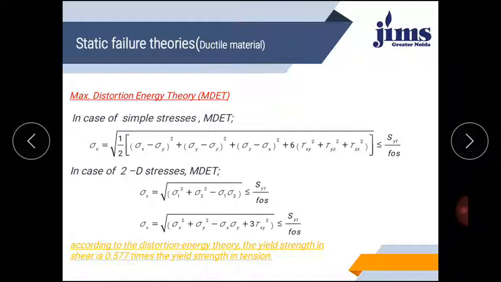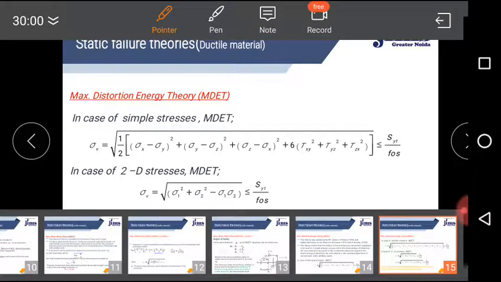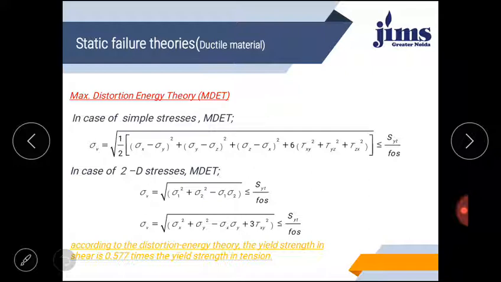According to the distortion energy theory, the yield strength in shear is 0.577 times the yield strength in tension. That is a very important result, you need to remember it, and you have to pay attention to this. What you see here is that yield strength in shear is now 0.577 times the yield strength in tension.